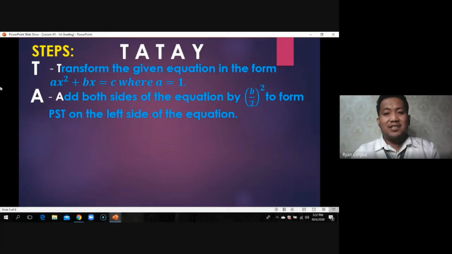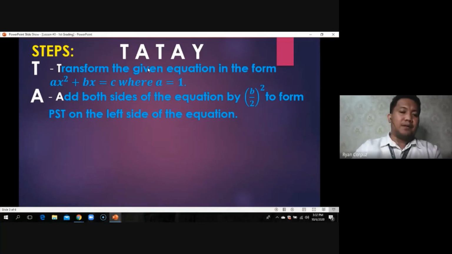So it's not only that you are going to add it on the left side, but also on the right side of the equation. So second, using b over 2 quantity squared is needed. The value of it will be added on both sides of the equation for us to form a perfect square trinomial.